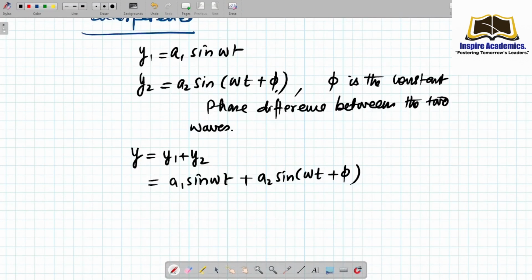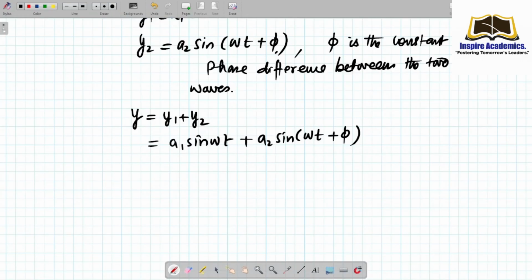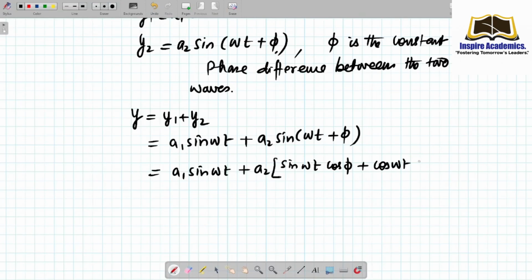Now let us further solve this mathematically. So what shall we get? We will get a1 sine omega t, and here we will get a2, and inside we will be able to write sine omega t cos phi plus cos omega t sin phi. Clear? Yes or no? Did you understand?